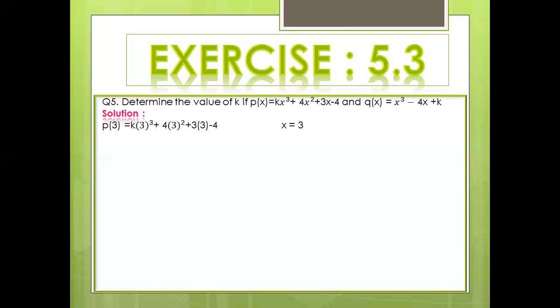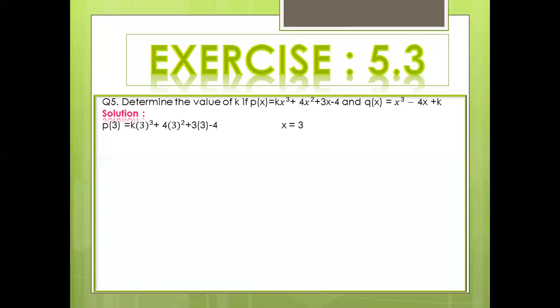It means that when we replace each x with 3 in p(x) and q(x), the remainders of p(x) and q(x) become equal. If R1 is the remainder of p(x) and R2 is the remainder of q(x), then both remainders R1 and R2 will be equal.